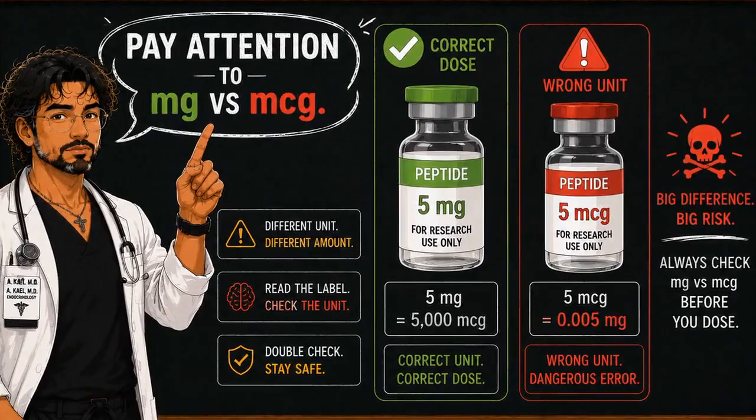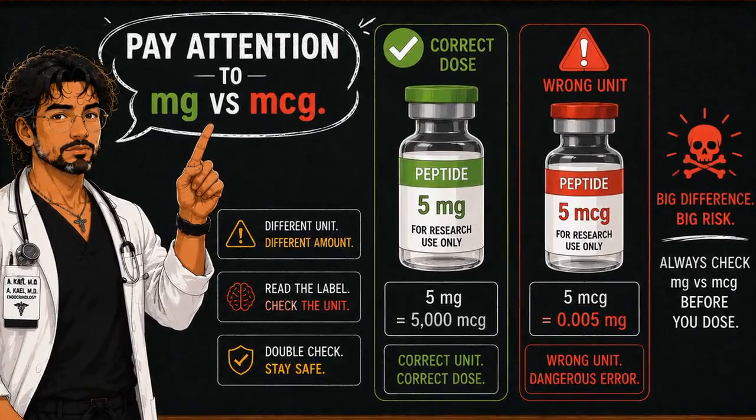The liquid you're adding is called BAC water, bacteriostatic water. It comes in a sealed vial, usually 10 milliliters, which is the same as 1,000 units if you're thinking in insulin syringe terms. BAC water contains a small amount of benzyl alcohol, which prevents bacterial growth and keeps your solution stable across multiple uses over time.